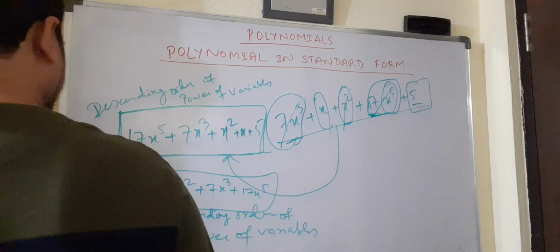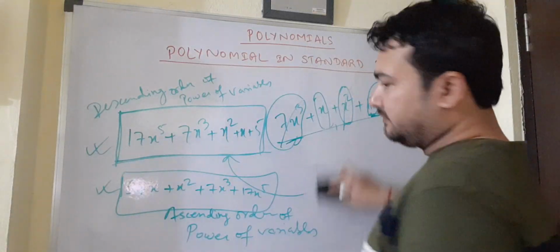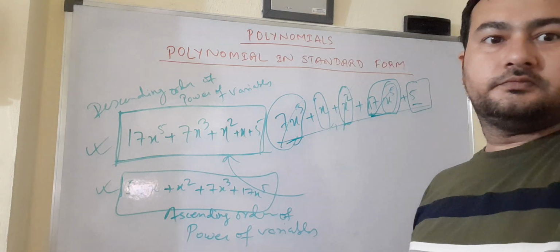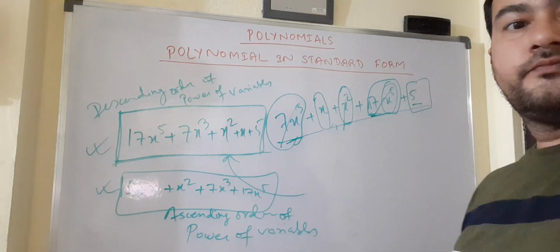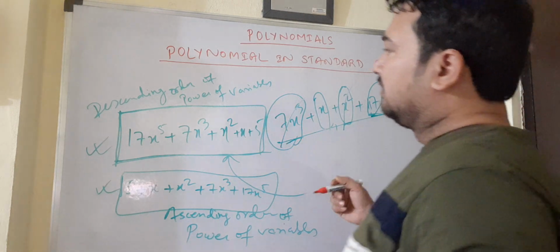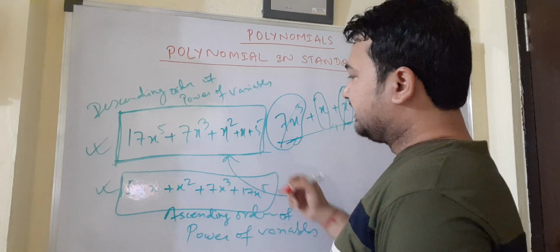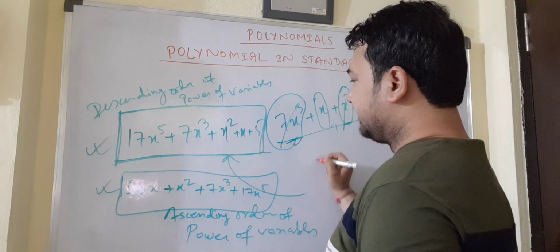So what general form do you find here? The general form you find here is, first take ascending, it will be easier for you to consider descending.